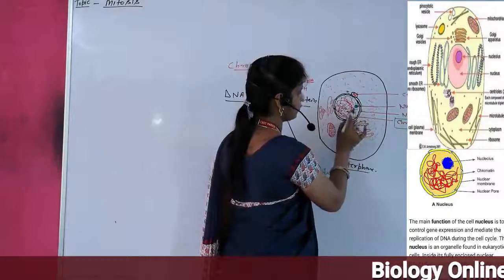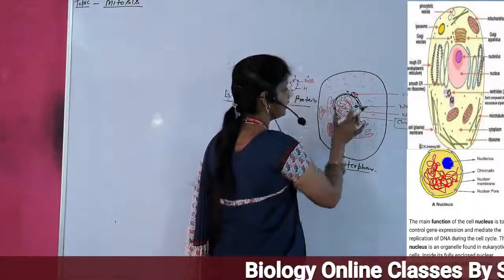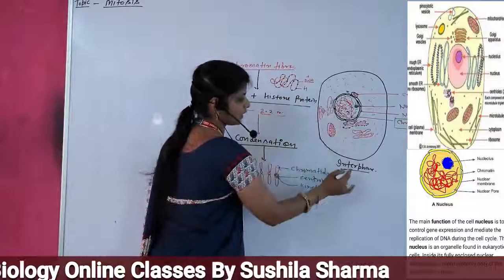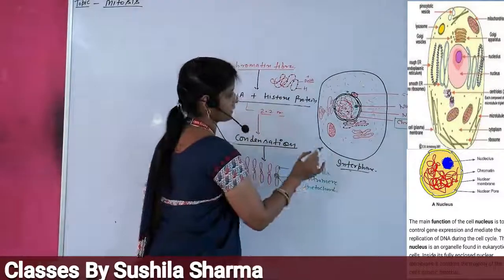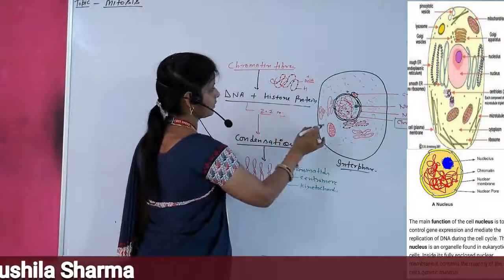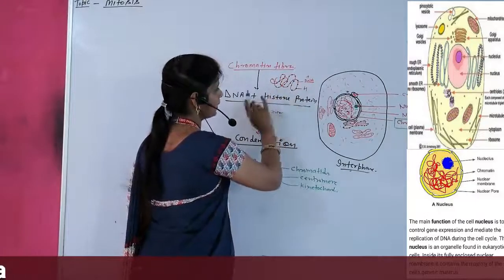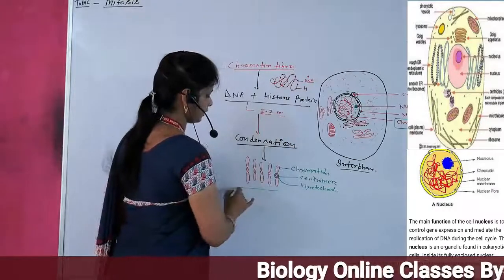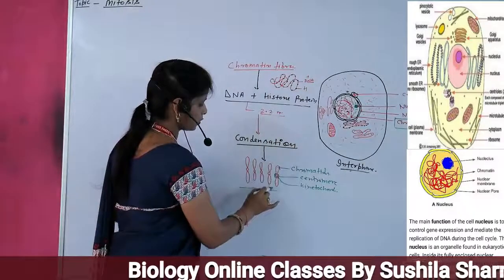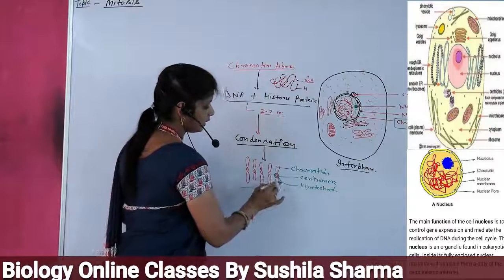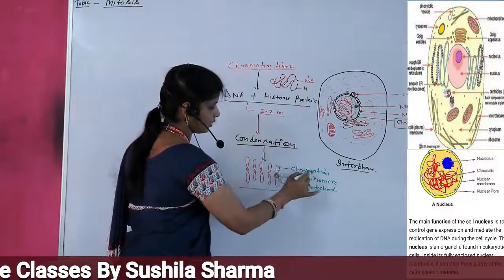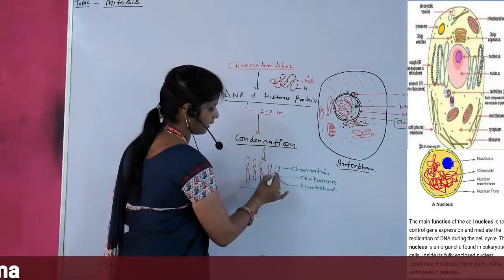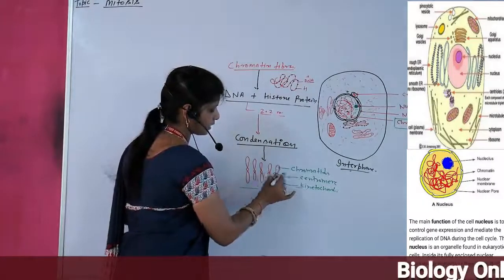Another is the nuclear fluid present inside the nucleus, called nucleoplasm. This structure is present during interphase, and during mitosis division these chromatin fibers condense and form small rod-like structures known as chromosomes. A chromosome has arm-like structures known as chromatids, and both chromatids join each other at a middle point known as the centromere.